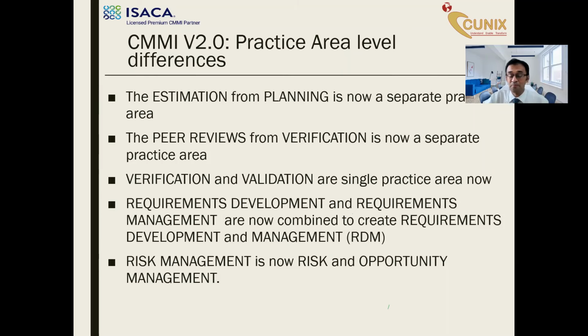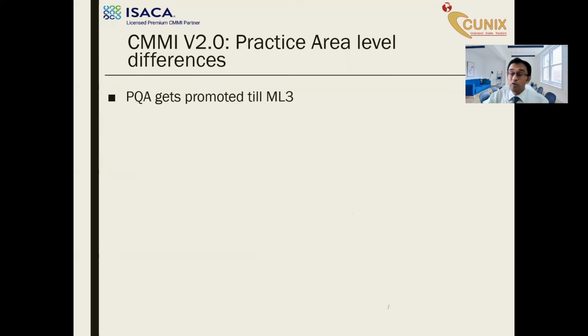PQA gets promoted to level 3. Your PPQA was at level 2, remember? So what does it mean to you? It means that quality assurance activities also have to be standardized. And that's really a good thing. Plan gets promoted to, wow, level 4. It's a big jump because the plan practice area now gets a high maturity flavor.